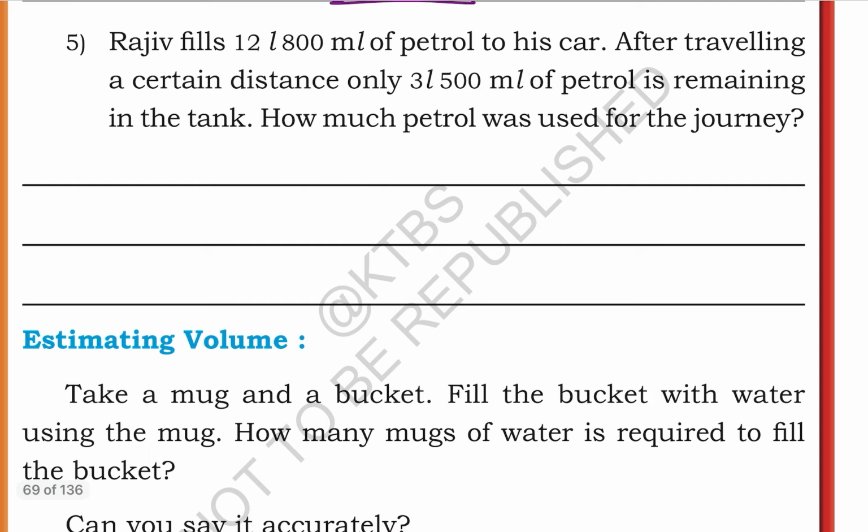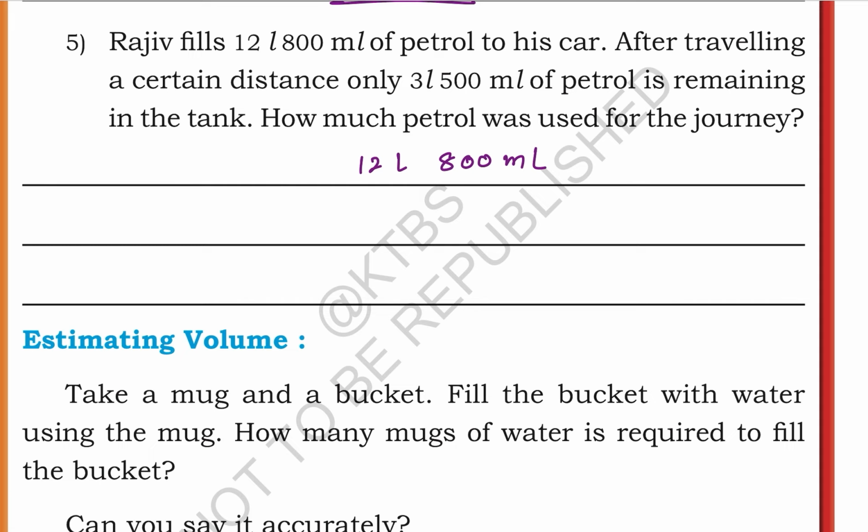Rajiv fills 12 liter 800 milliliter of petrol to his car. This is the total amount of petrol he has filled. 12 liter 800 milliliter of petrol to his car. After traveling a certain distance, 3 liter 500 milliliter of petrol is remaining in the tank.